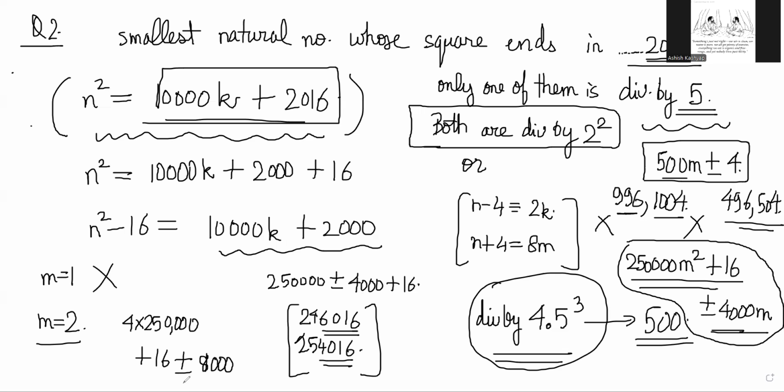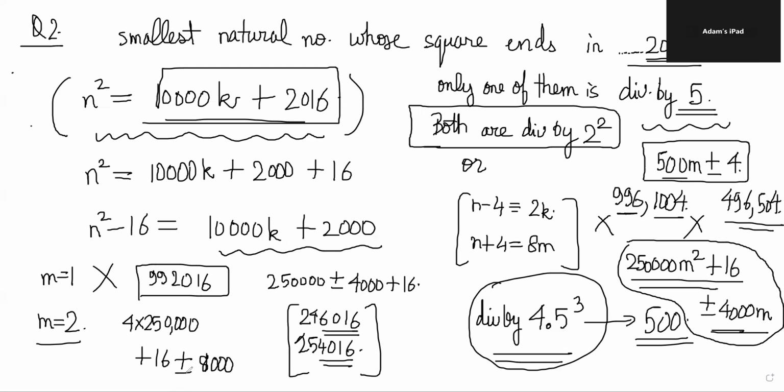When you do minus, you will get 992,016. When you do plus, it doesn't come, correct? So the minus one is giving us the right answer.